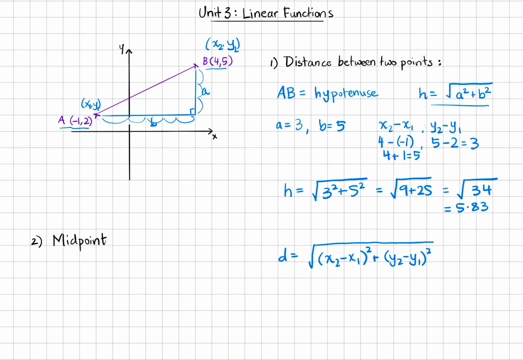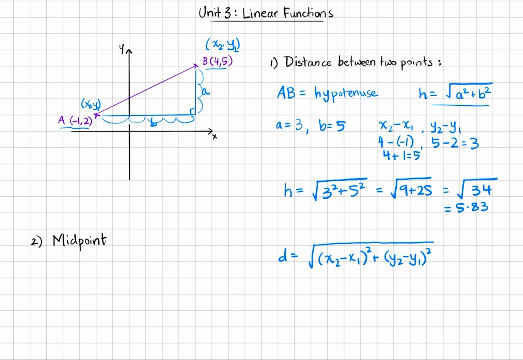So it's exactly the Pythagoras theorem we know, but instead of A and B, we are imagining that we have 2 coordinates this time, not just lengths that are given to us, but 2 points given to us, and we're using their coordinates to get the distance between them.